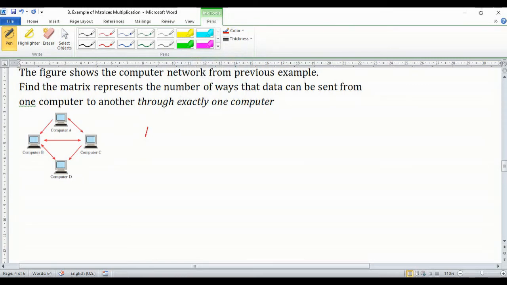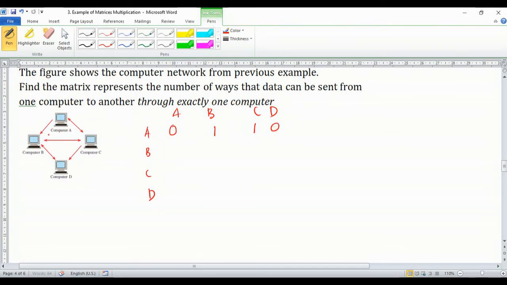So we can write A, B, C, D to A, B, C, D, right? A to A is 0, it's impossible. A to B, it's 1. A to C, it's 1. A to D is impossible.